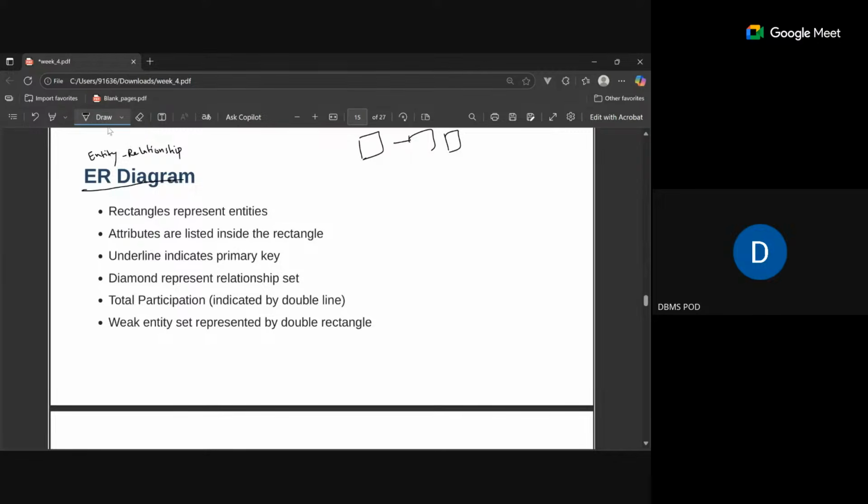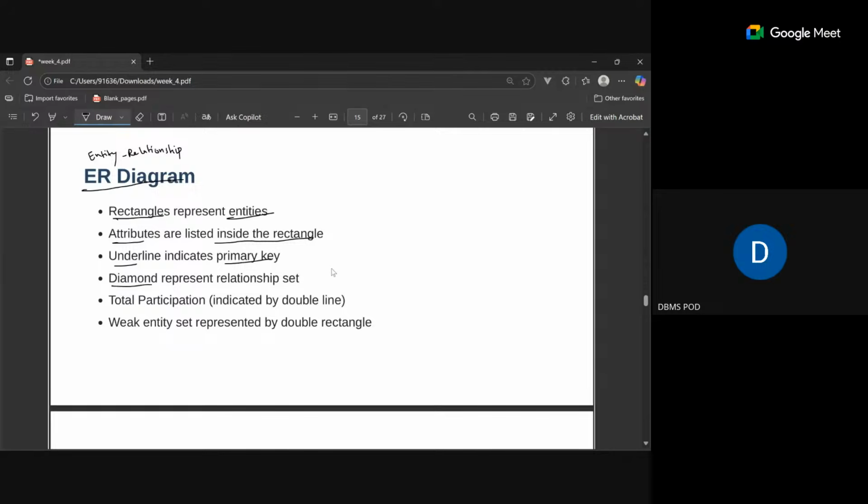Before looking at the ER diagram, there are some things you should remember, which you cannot treat as unimportant. These are some rules for designing ER diagrams. Rectangles represent entities. Attributes are listed inside the rectangle. Underline indicates a primary key.